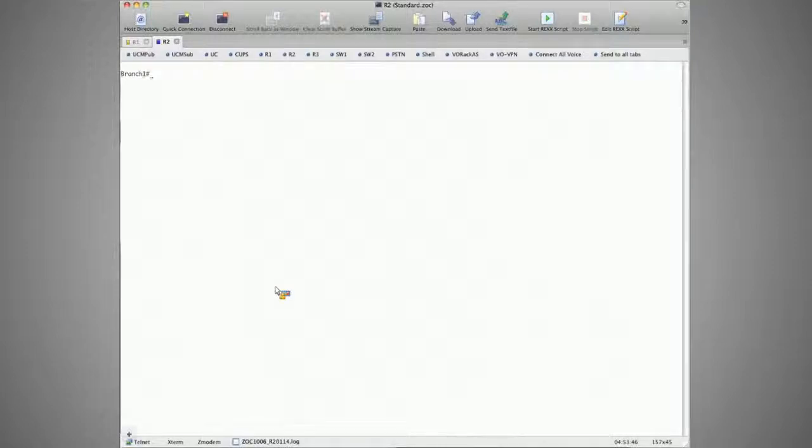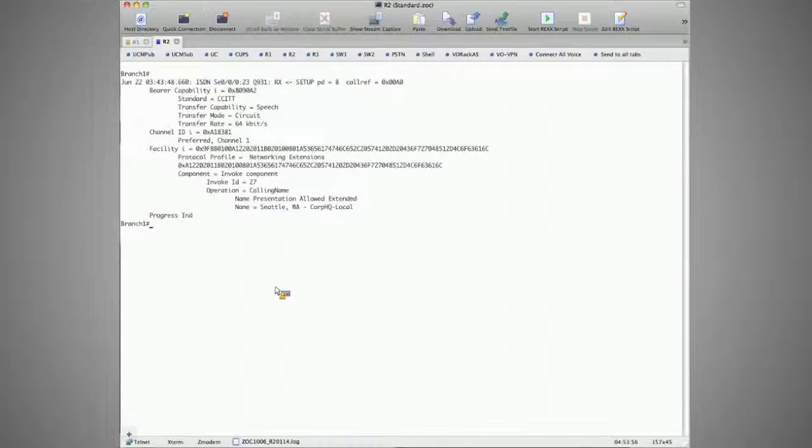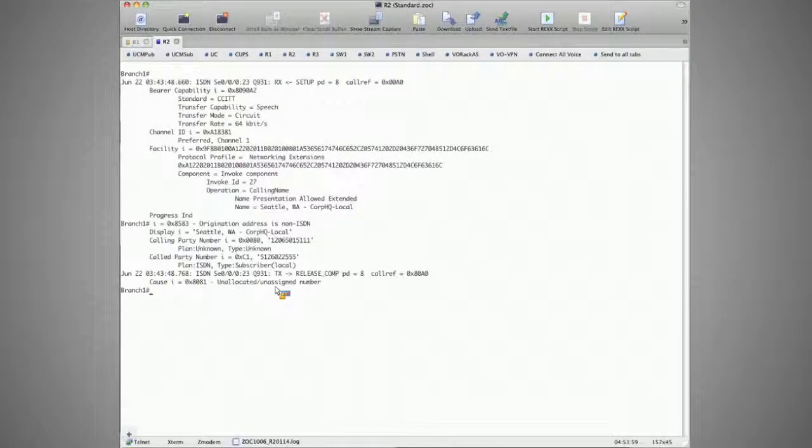Let's call in to 512 into the branch 1 gateway from the PSTN, 602.555. Here we just hear reorder tone when we call into this unknown, unallocated, unassigned number.